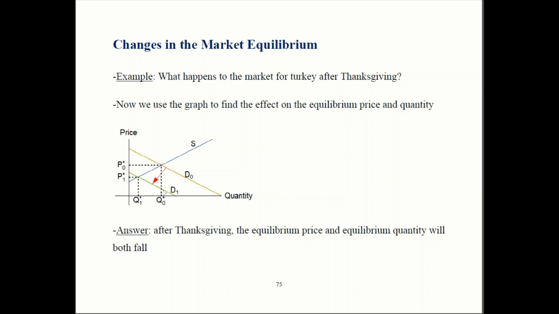We used to buy this much. Once demand shifts back, those two curves are meeting over here, so new quantity is going to be Q1. That's a decrease in Q. So price should go down and quantity should also go down. And that's what happens in grocery stores after Thanksgiving.